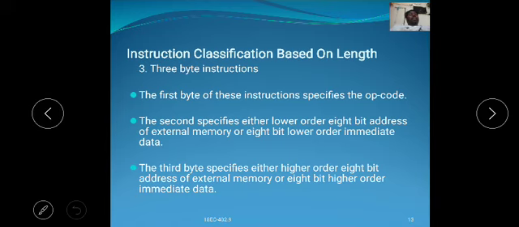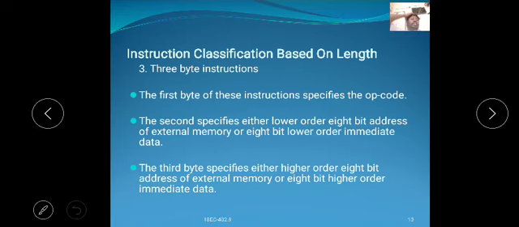3 byte instructions. The first byte of these instructions specifies the opcode. The second byte specifies either the lower order 8-bit address of the external memory or 8-bit lower order immediate data.